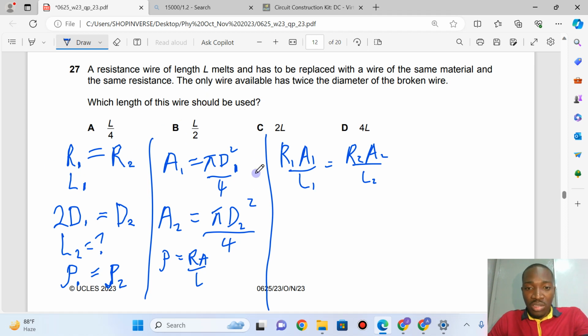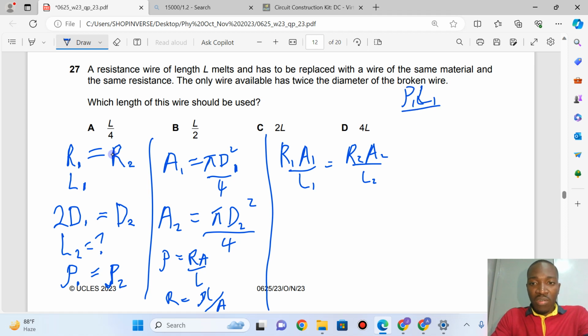You can express it as R equals rho L over A. Since R1 equals R2, you can also express it as rho L over A1 equals rho L over A2.